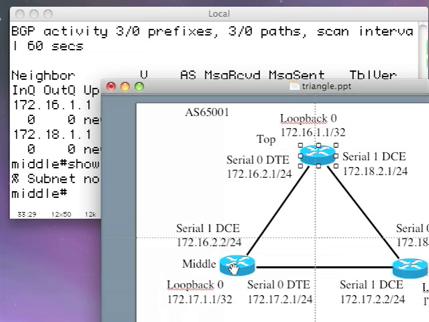Well, BGP's purpose is to share routing information between different autonomous systems. Within an autonomous system, you need to use a different routing protocol, an interior gateway protocol, such as OSPF or ISIS or RIP or EIGRP to exchange routing information.